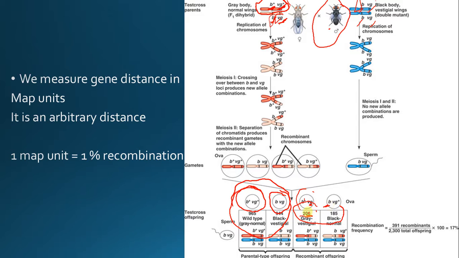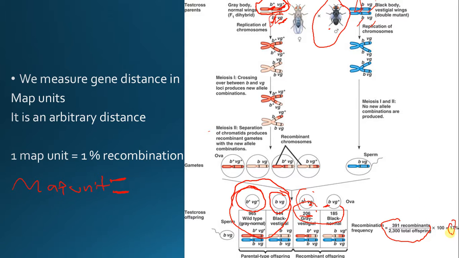In total there are 391 recombinants out of a total of 2,300 offspring. If we just divide that and get a percentage, we get 17% recombinant. We have a term called map unit. That's just an artificial distance between 2 genes on a chromosome. 1 map unit equals 1% recombination.